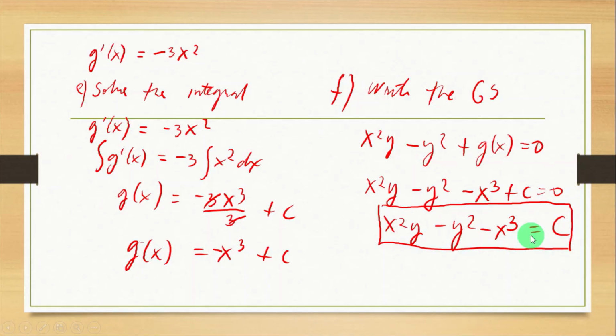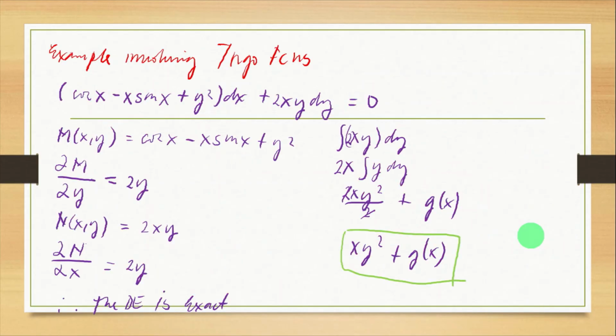Now, the reason why we are discussing method 2 is that there are some instances wherein our exact differential equation is written in this form. Meaning to say, as you can see in the differential equation, your n of x and y is more simple than your m of x and y.